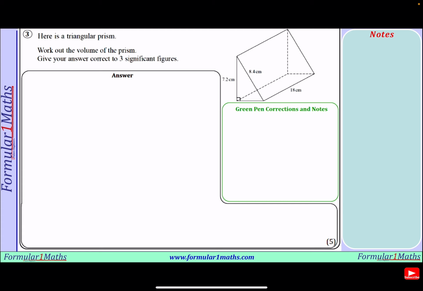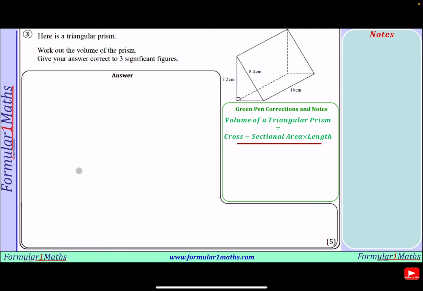Question 3. Here is a triangular prism. Work out the volume of the prism. Give your answer correct to 3 significant figures. Let me remind you that the volume of a triangular prism is the cross-sectional area times the length.